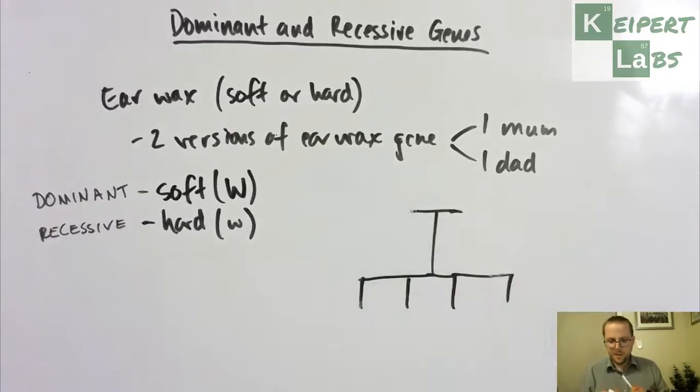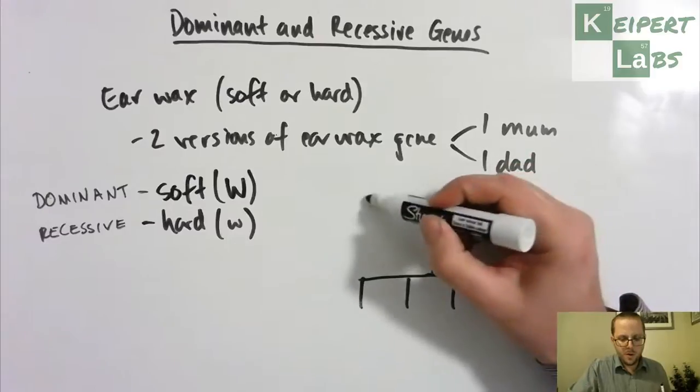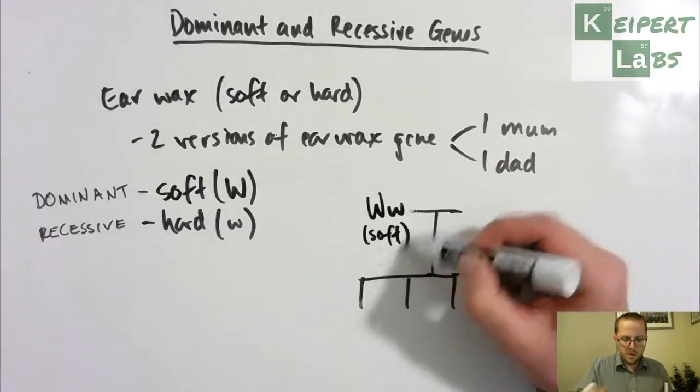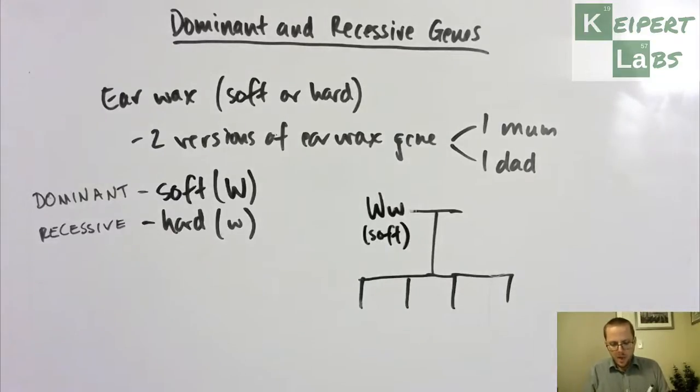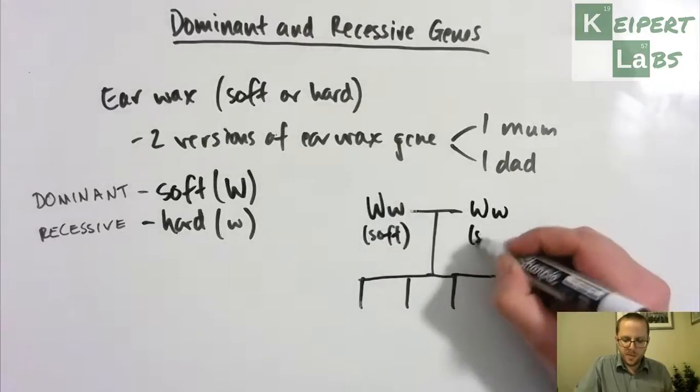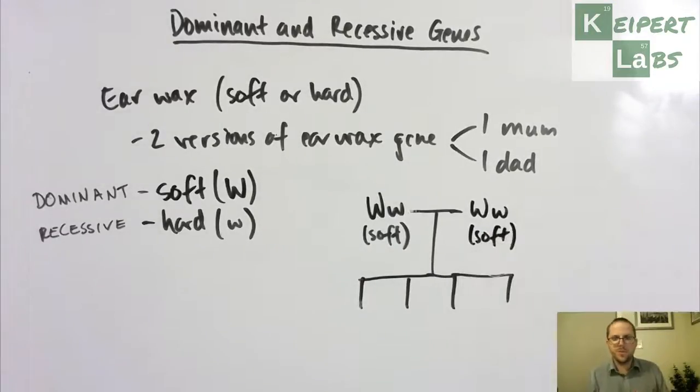So let's say in this situation that you've got your mixture that's soft, and then you happen to marry and have children with someone else who has the same combination of genes that you do. Obviously, you don't know this when you marry them, but let's just say that this is what happens.